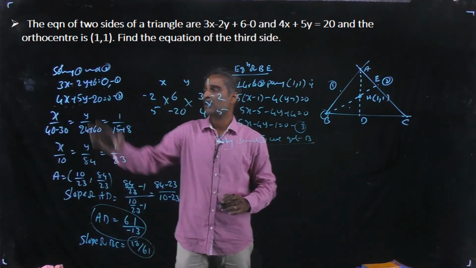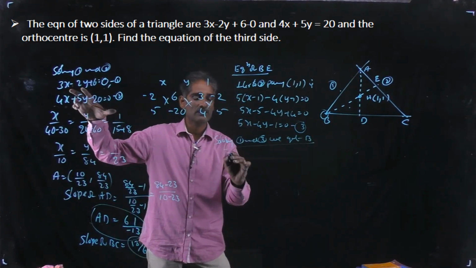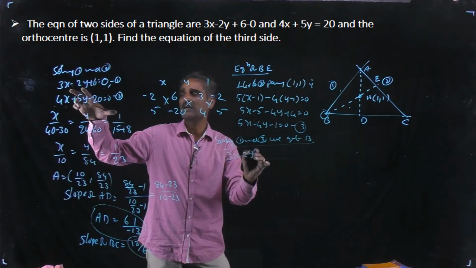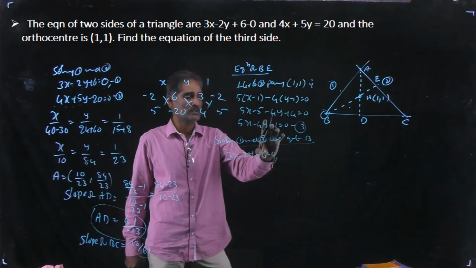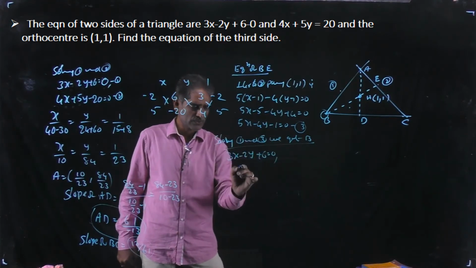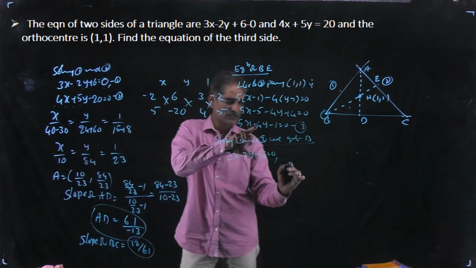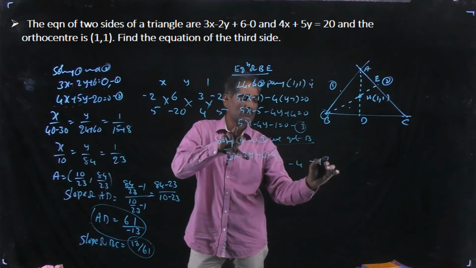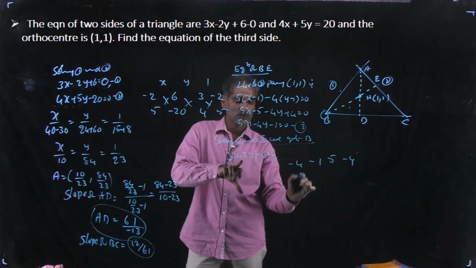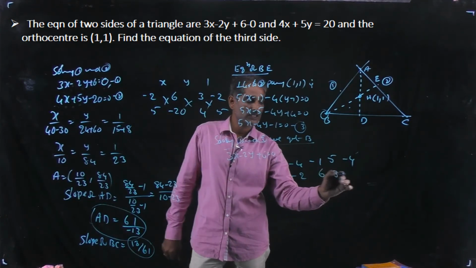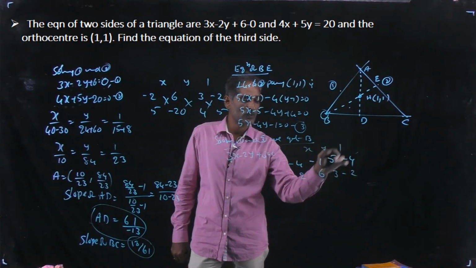So what is 1? 3x minus 2y plus 6 equal to 0. Another one is this one. We have to solve these two. Therefore, the coefficients: minus 4, minus 1, 5 and minus 4; minus 2, 6, 3, minus 2; x, y, 1.